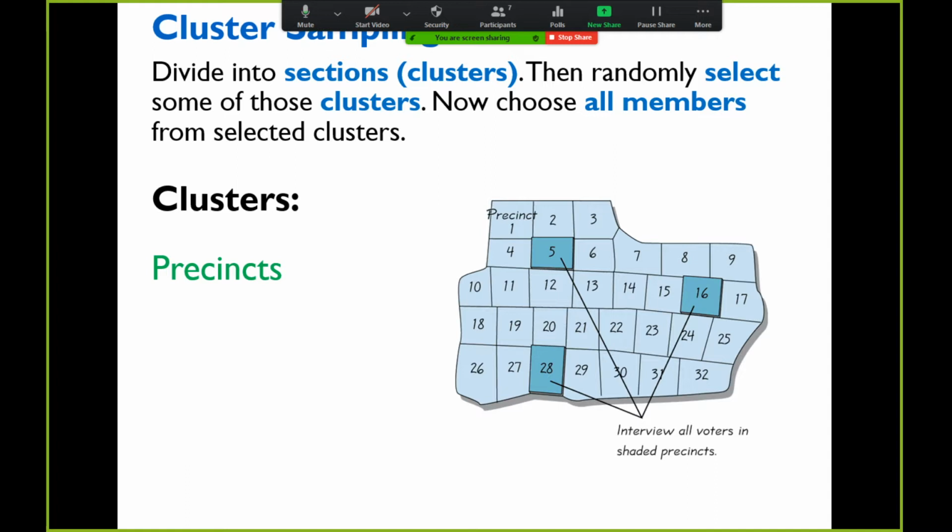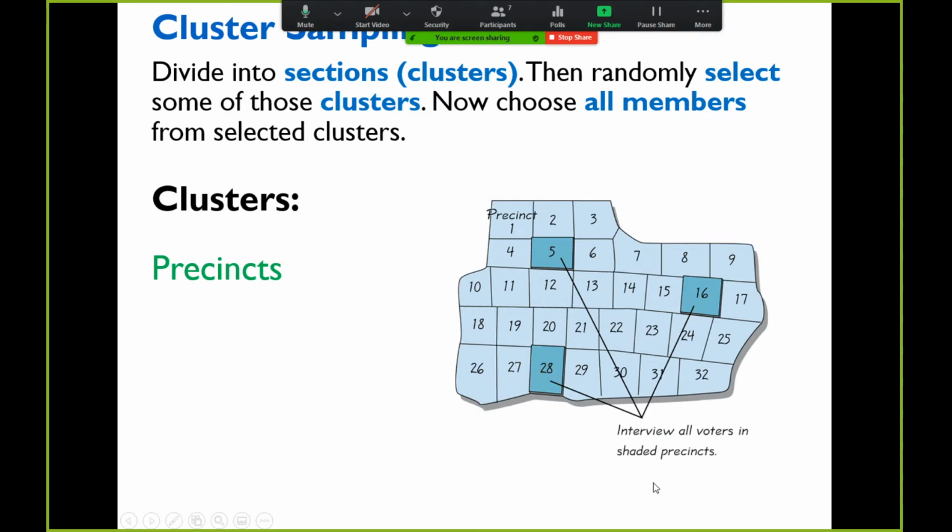If you want to estimate those who approve of gun control, it's very tough to go into each of the precincts. So what happens here is you randomly choose 3 precincts, right? In this case, they randomly chose precinct 5, 16, and 28. And then everyone in precinct 5 is part of your sample. Everyone in precinct 16 is part of your sample. Everyone in precinct 28 is part of your sample.